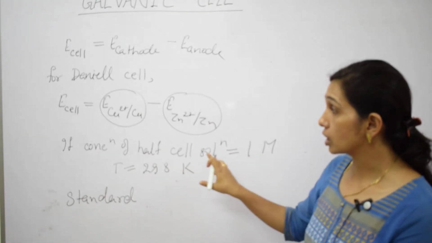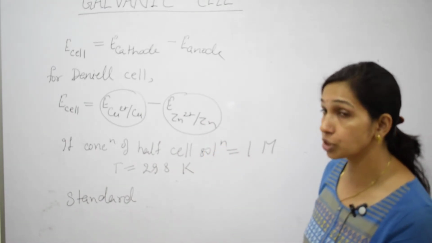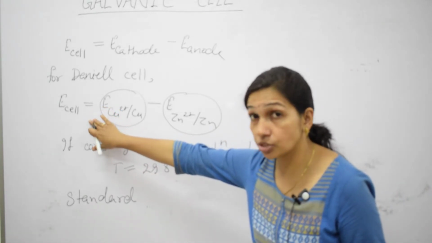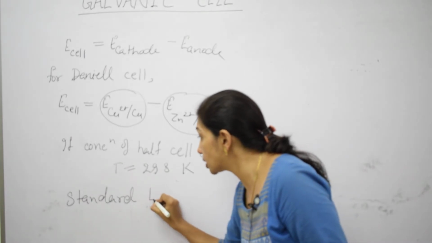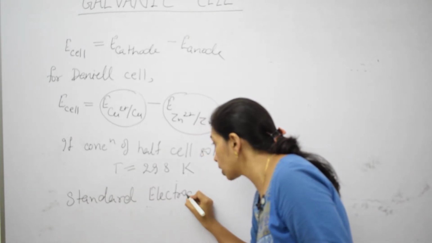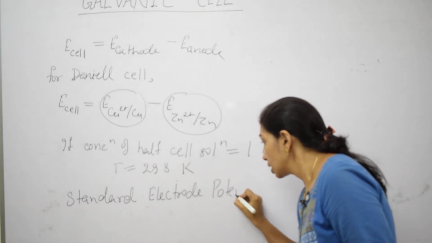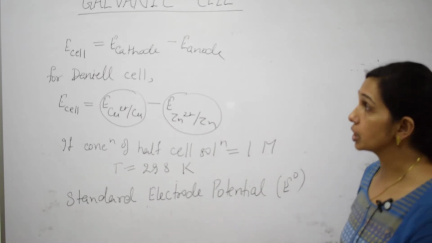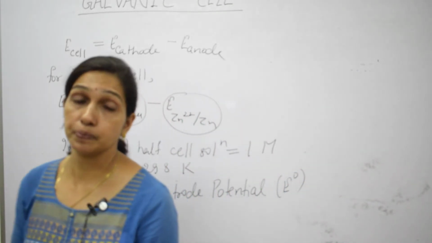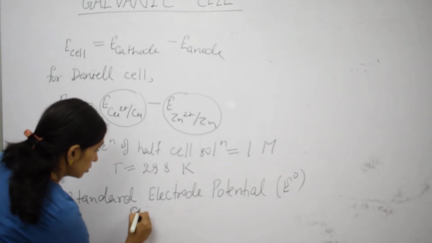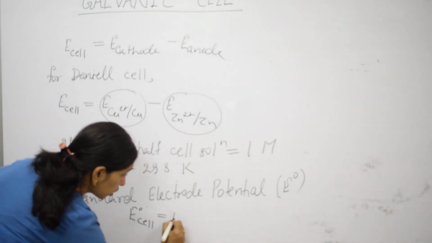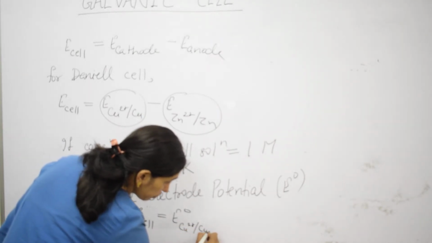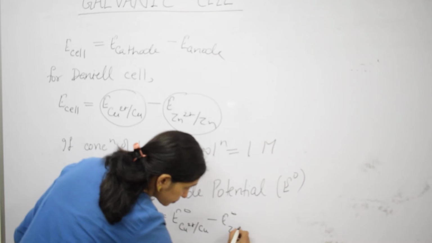At 1 molar concentration of each half cell solution and 298 Kelvin temperature, the cell potential is termed as standard electrode potential, given by E naught value. So, we can say E naught cell is equal to E naught cathode, for example here copper 2 plus to copper, minus E naught anode.